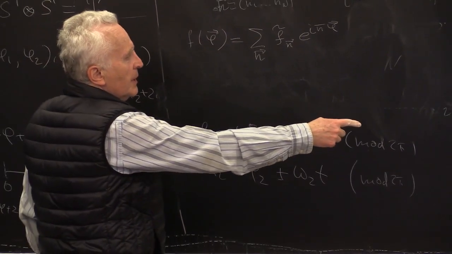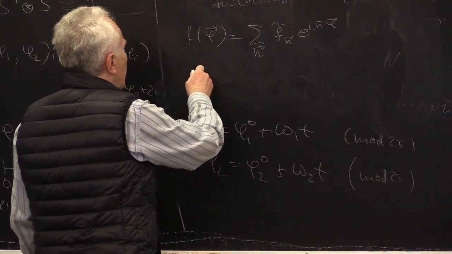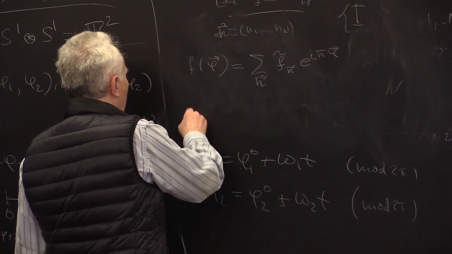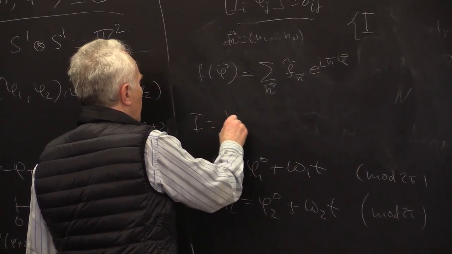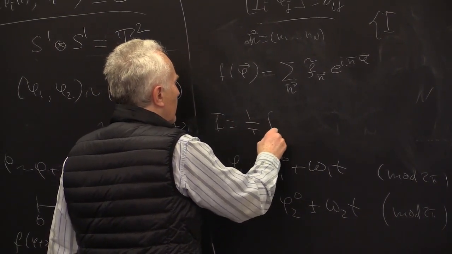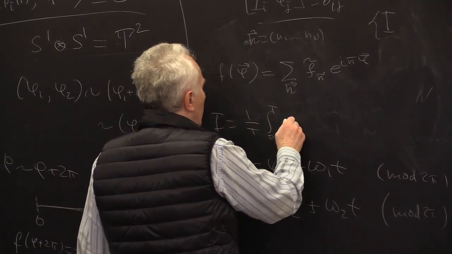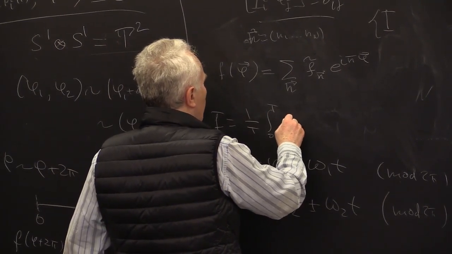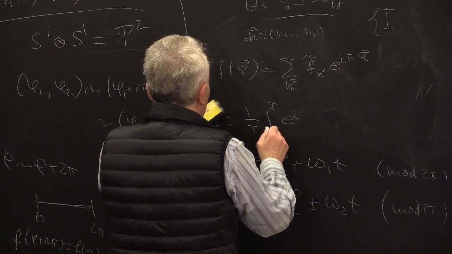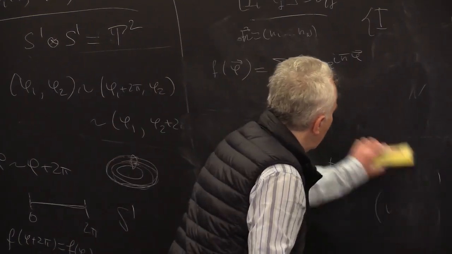Now we're repeating the same thing here. We get the average is 1 over T, integral from 0 to T, e to the i. Let me start writing again.